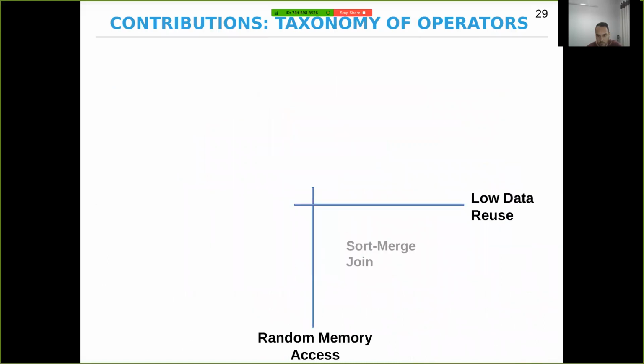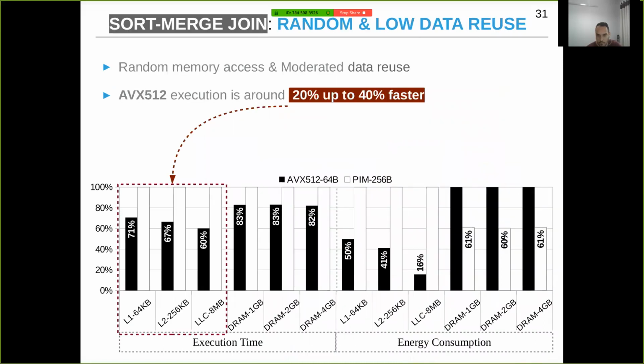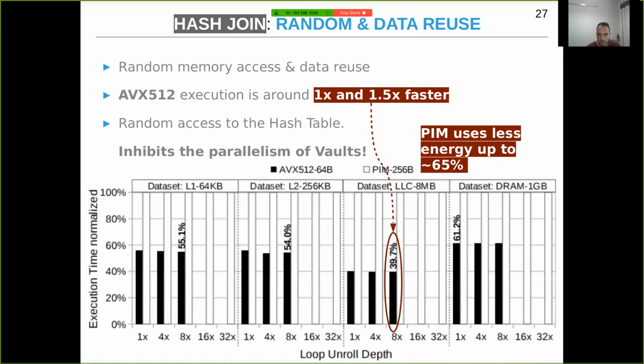Here we have the sort merge results, and here is the hash join. For execution time, CPU is better, and the reason behind that is the access to the hash table.